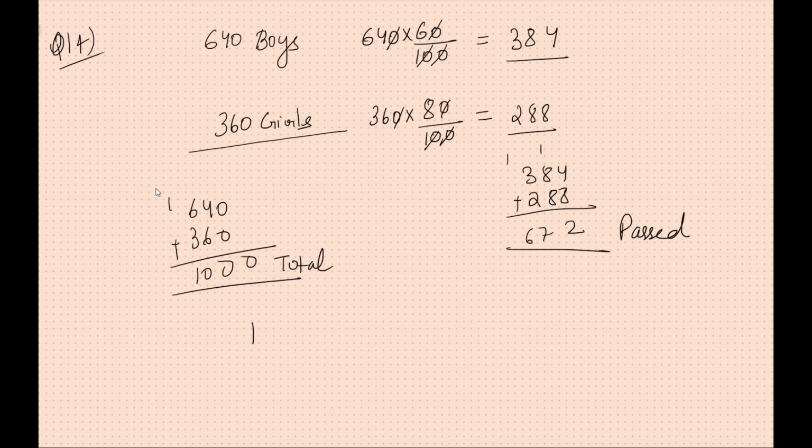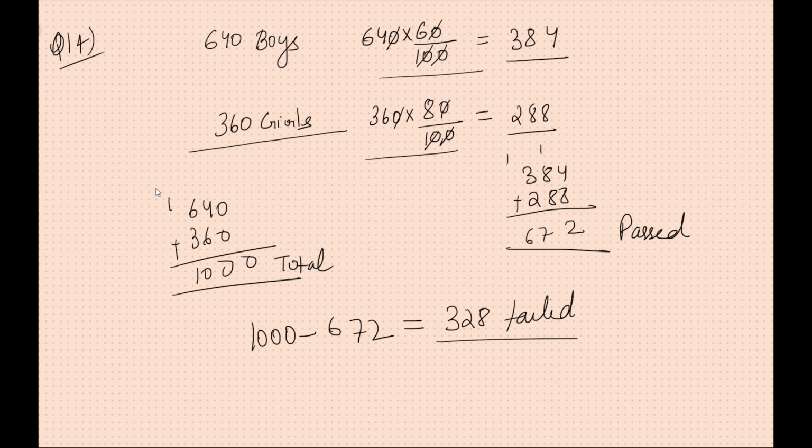How many failed? 1000 minus 672, and your answer will be 328 students failed. Find the 60% of boys, 80% of girls, add them, they are totally passed. Subtract from 1000, you will get the failed number of students. Okay.